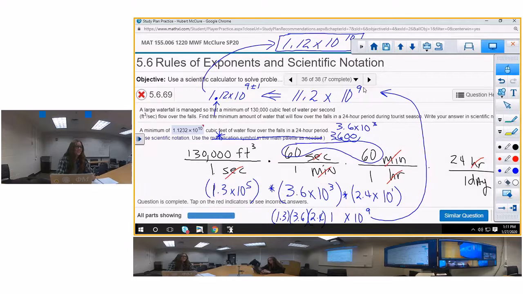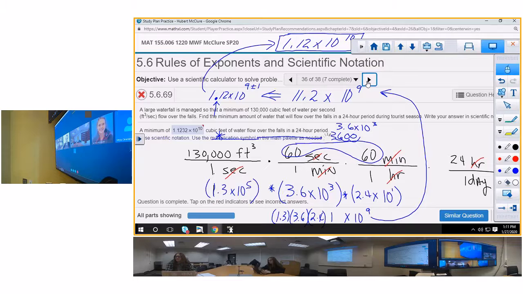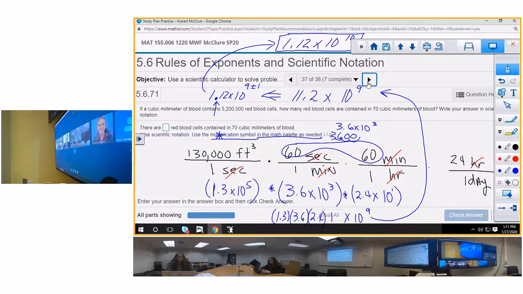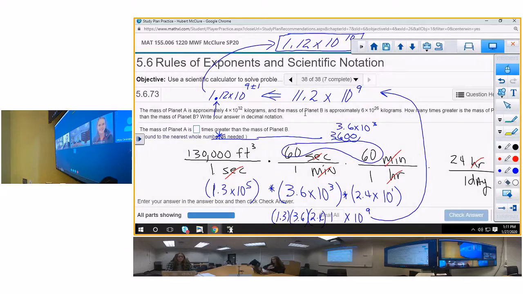All right. There's 2 more problems. That one will be on the test, and that one will be on the test. This is not in the homework because whoever designed this homework didn't put these on here. This is in 5.6, chapter contents, study plan.